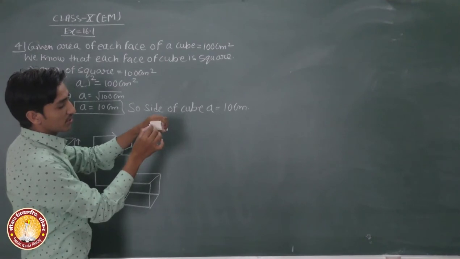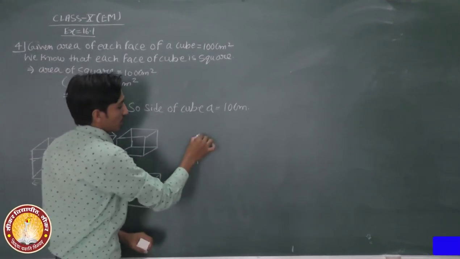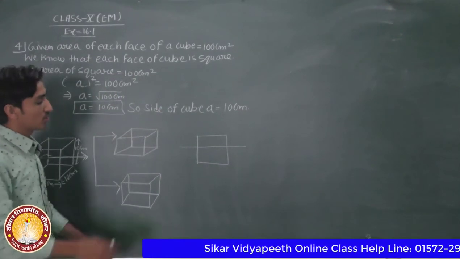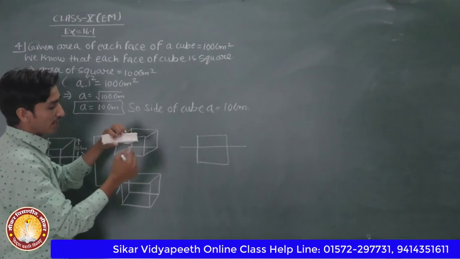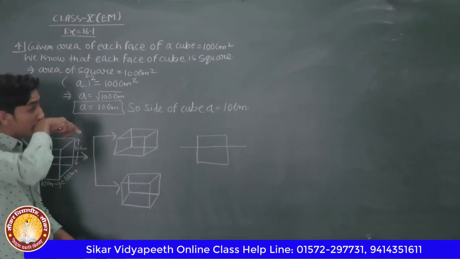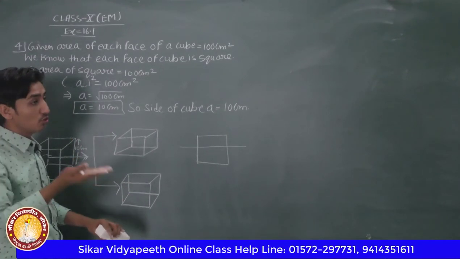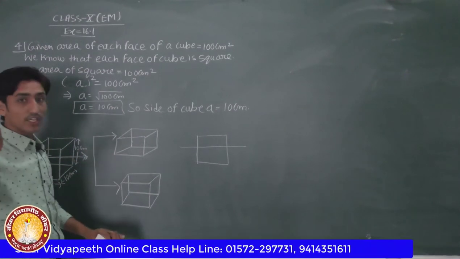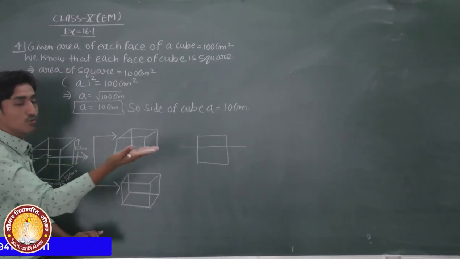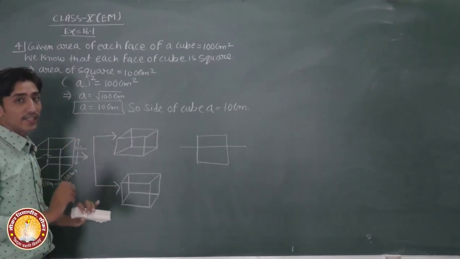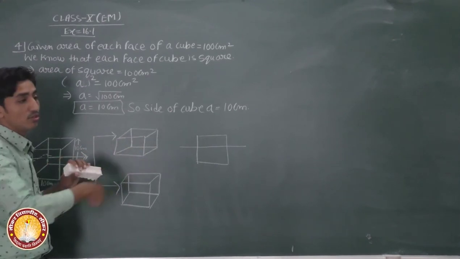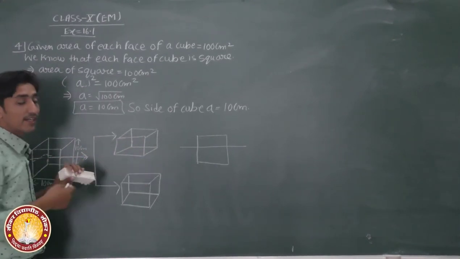If we cut the cube parallel to its base, there will be no change in length and breadth, and height becomes half. For example, if you cut your room parallel to the base, there will be no change in your room's length and breadth.